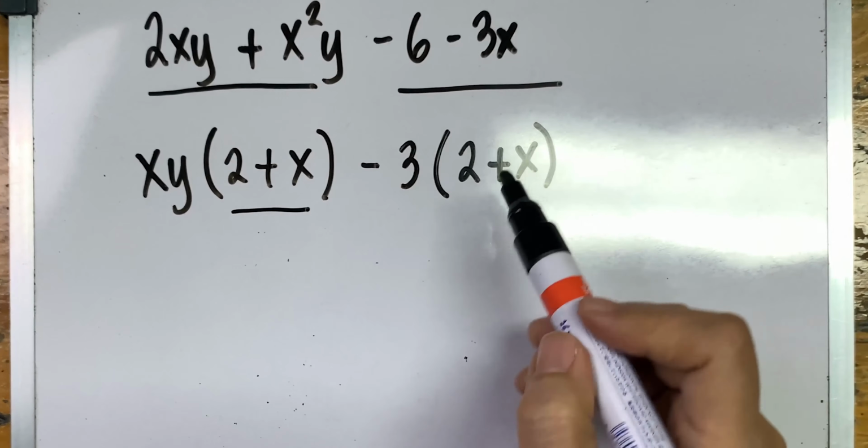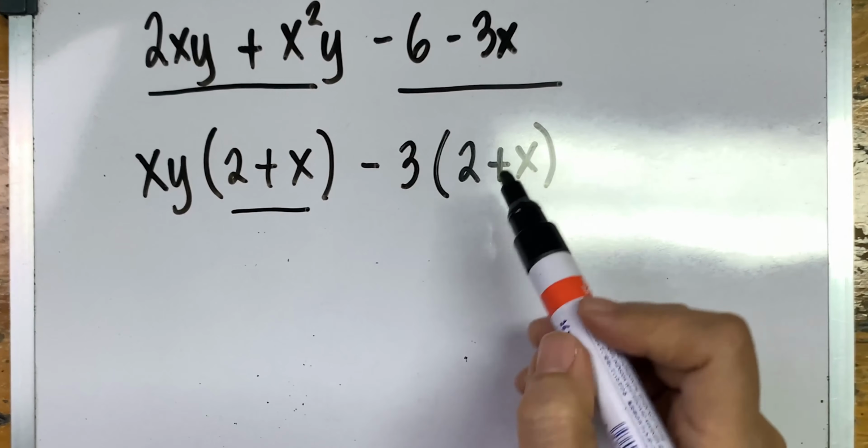Again, to check whether our answer is correct, we use the FOIL method. Okay, 2 times xy gives us 2xy. 2 times negative 3 is negative 6. X times xy will give us positive x squared y.